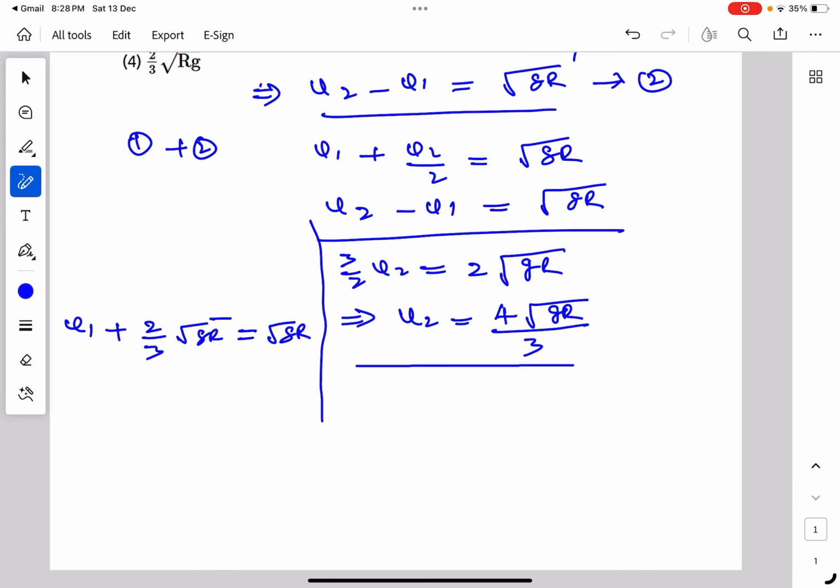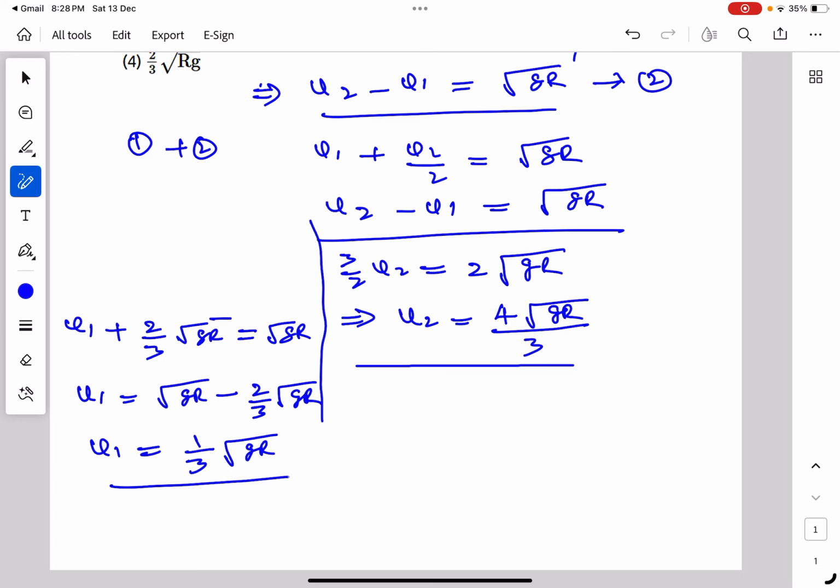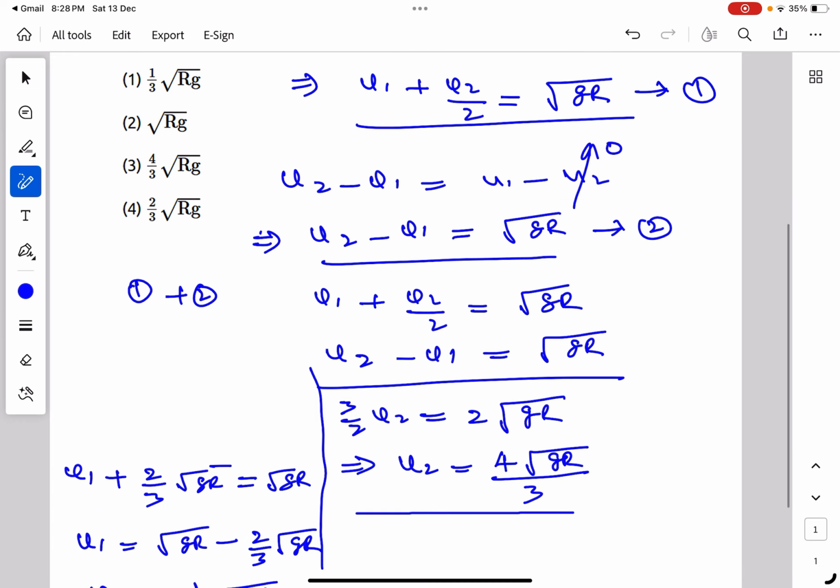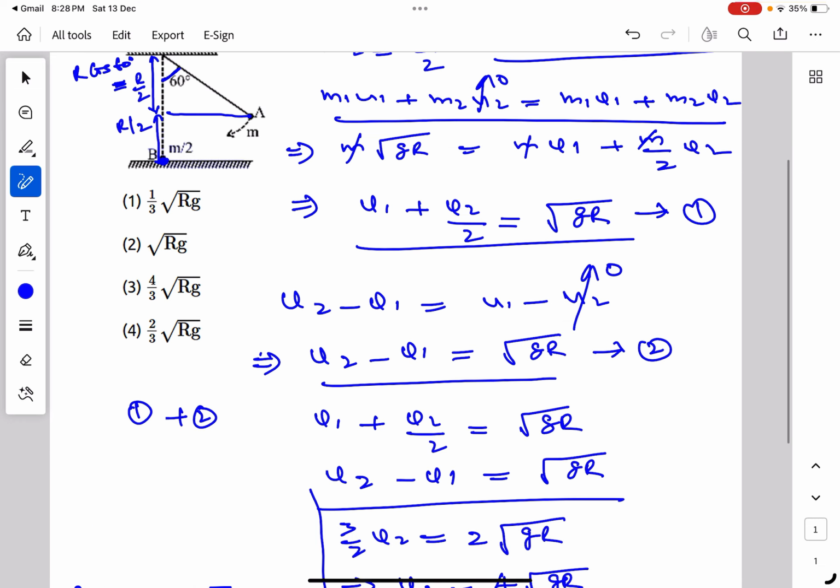So this will give us v1 equal to root of gr minus 2 by 3 root of gr. So therefore v1 would be equal to 1 by 3 root of gr. So therefore option number 1 is correct. Alright, thank you very much.